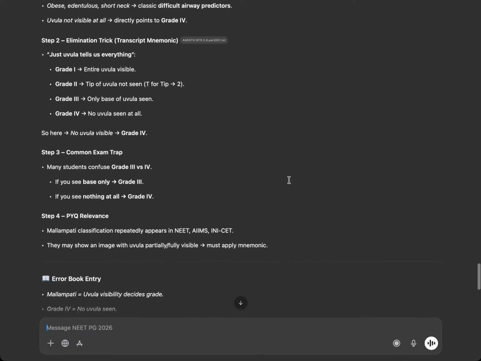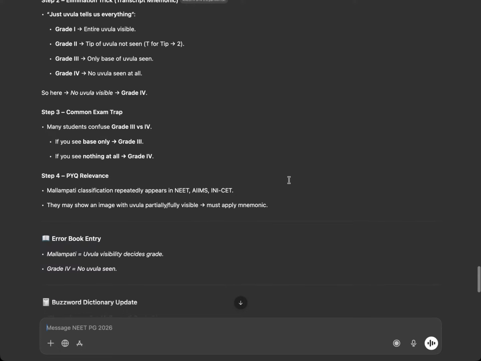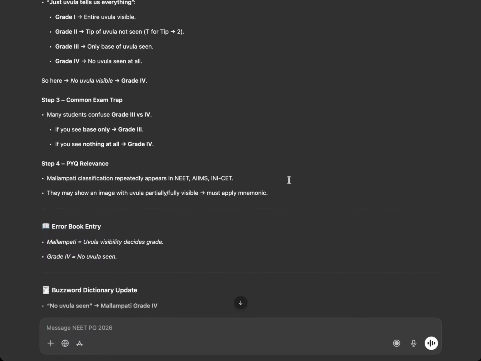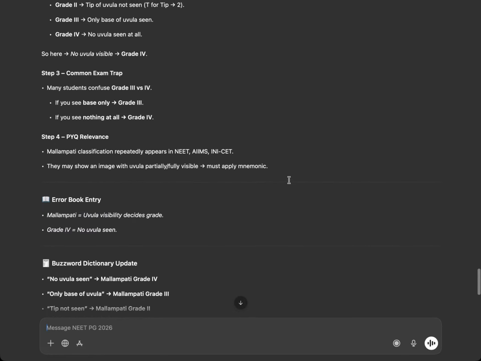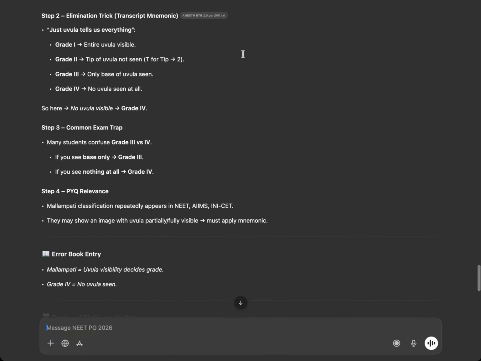Need to sort this out. The only problem with ChatGPT is there is no image context in this. Elimination trick. Okay, we'll see.